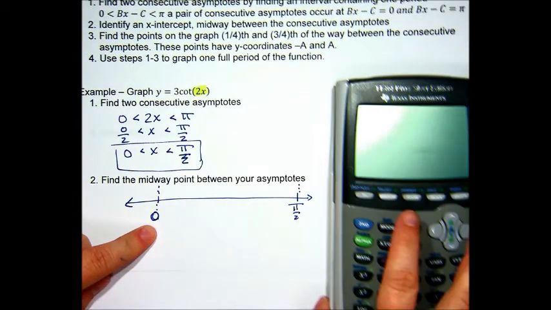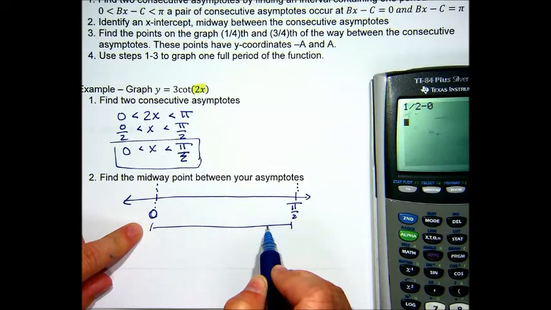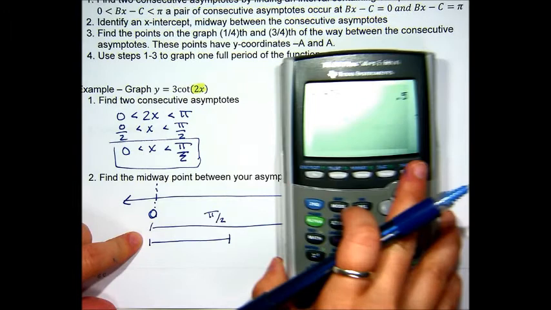Easiest thing to do, take away the pi and just put a 1 there. Wait, the 2 there. So the distance between 0 and a half. If you don't know that that's a half, simply figure that out by doing some subtraction. 1/2 minus 0 will get you a half. So that means the distance between here and here is pi over 2, because you have to put the pi back.